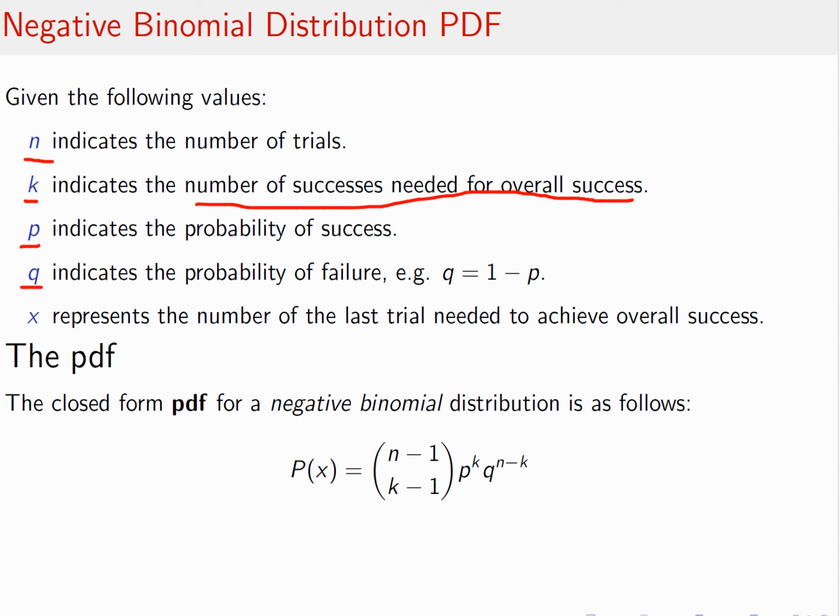And again, this difference between x and n, I apologize for. So think of this as the probability of n being the last trial, right? If n represents the number of the last trial needed to achieve overall success, then the closed form PDF is n minus 1 choose k minus 1, times p, the success power raised to k, and the failure power raised to n minus k.